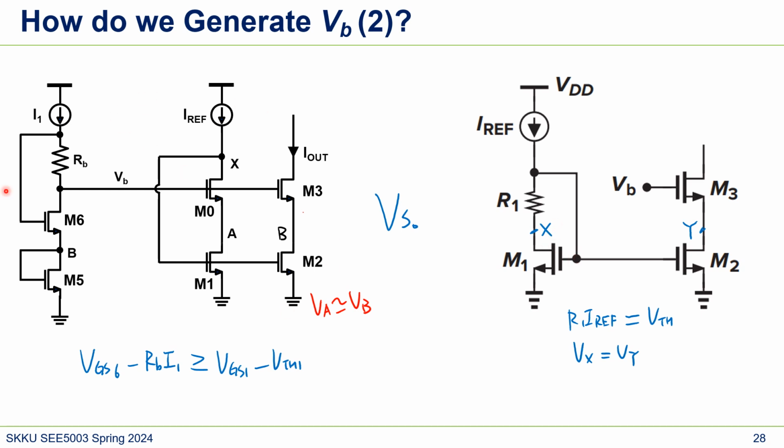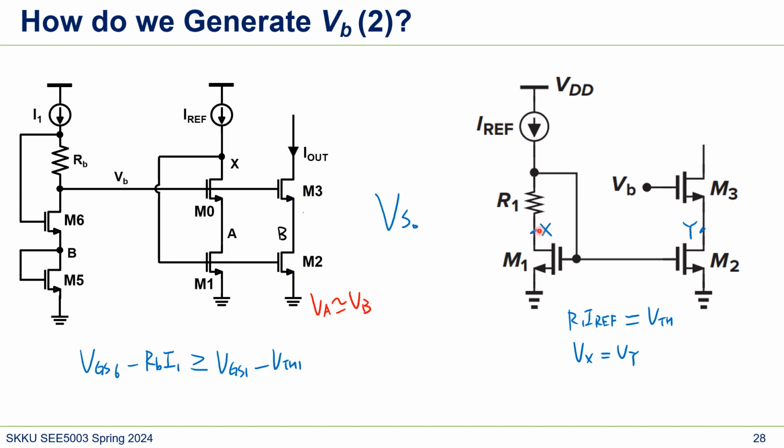But in this circuit, our goal is to make this voltage larger than this. We don't have to make it exactly the same. We just want some range. So it's a much more relaxed condition to achieve. So even if there is PVT variation, we can still manage this condition.